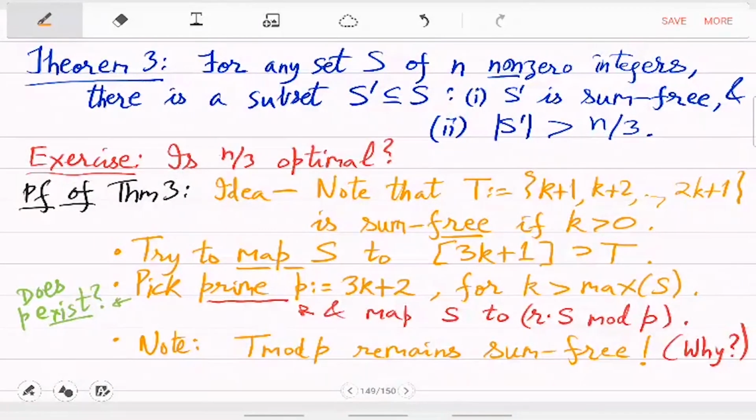S should be mapped to non-zero numbers. That is how you should pick the prime P. Because P is quite large, so if originally S was 0 free, it will remain 0 free, right?